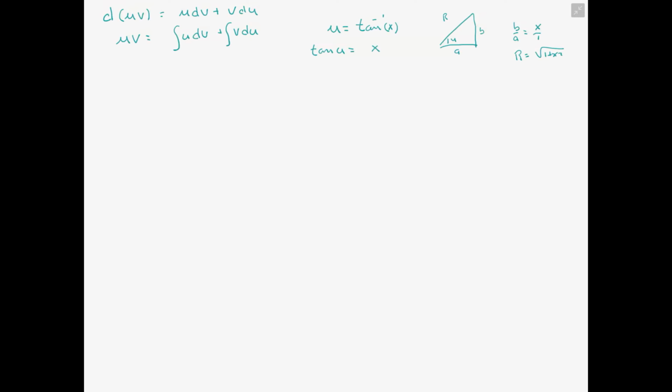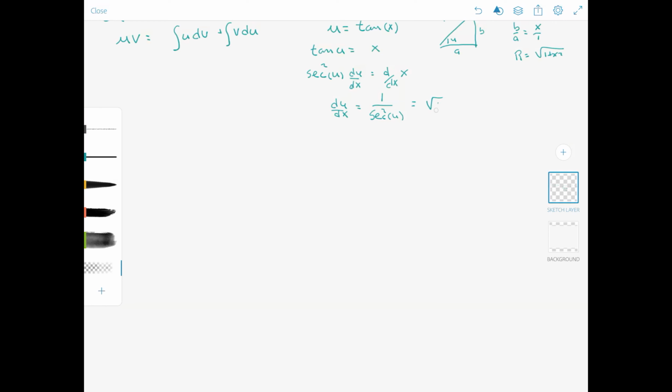And we have, as we've seen before, this is secant squared u du dx equals dx of x, and we have du dx equals 1 over the secant squared of u, and that would be equal to, well, no, what am I doing?